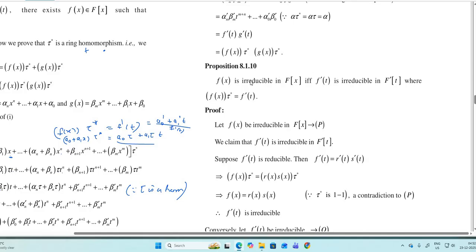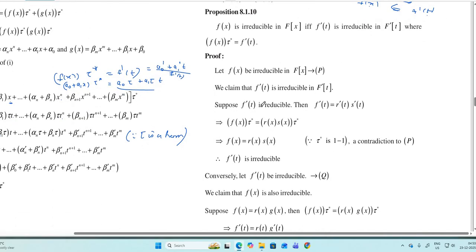There is a connection between the polynomials' behavior in the domain and codomain: irreducible implies the image of that polynomial under tau star is irreducible. So if f of x maps to f dash of t, if this is irreducible, the image is irreducible, and if the image is irreducible, the pre-image is irreducible, in both ways. That is what we are going to establish in this proposition. If f of x is irreducible in F[x], then f dash of t is irreducible, and vice versa.